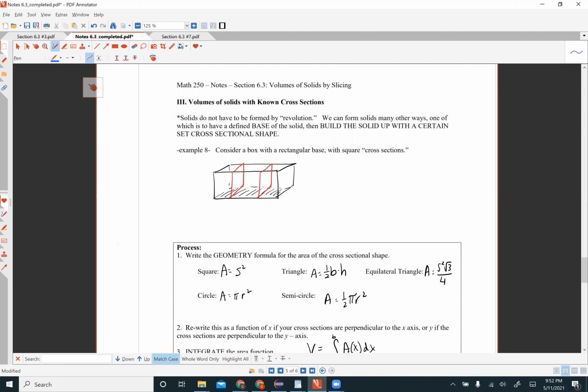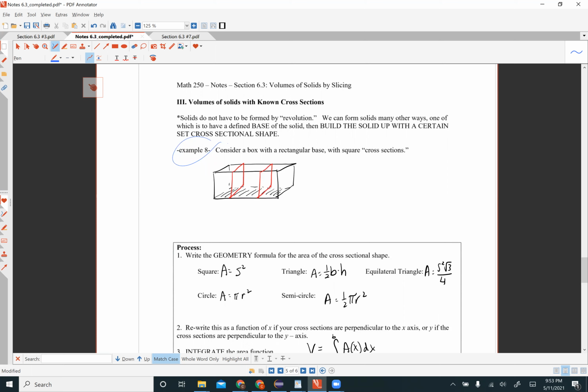But there's something else we can do when we have solids with a known cross section shape. This example is a nice one because we can visualize it easily. Say you have some kind of cube, or a rectangular base, and when you take those cross sections, every cross section has the same shape.